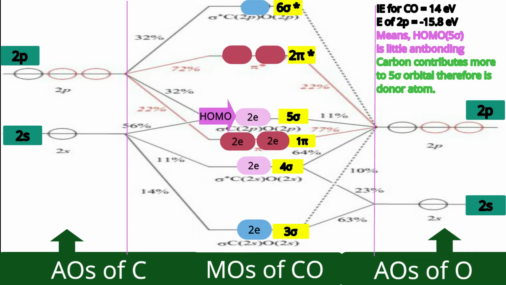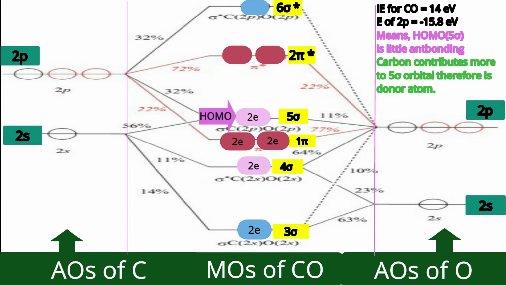But out of those 2s and 2p orbitals, only two orbitals from each atom are represented in black coloration. They have the same symmetry, and they can produce sigma bonding, that is sigma molecular orbitals. Bonding, non-bonding, anti-bonding depends upon the interaction.